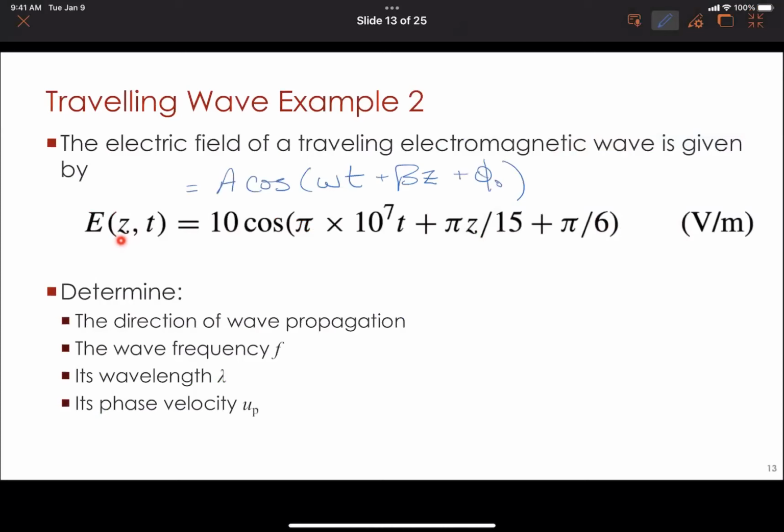Now don't be thrown off by this z. We did everything today so far in terms of x. But that was just a distance down the pool or whatever, right? I could have just as easily called that z or y. It just represents a distance, a coordinate system.